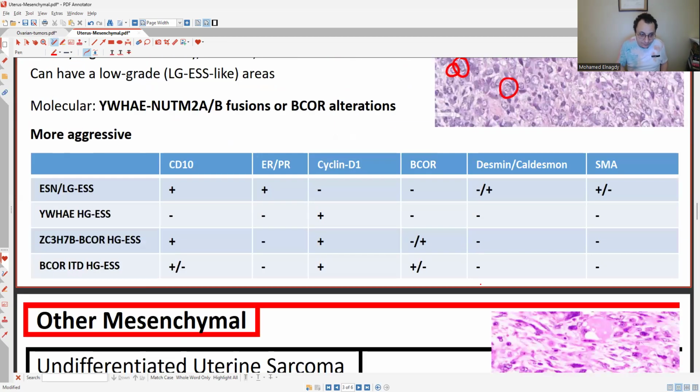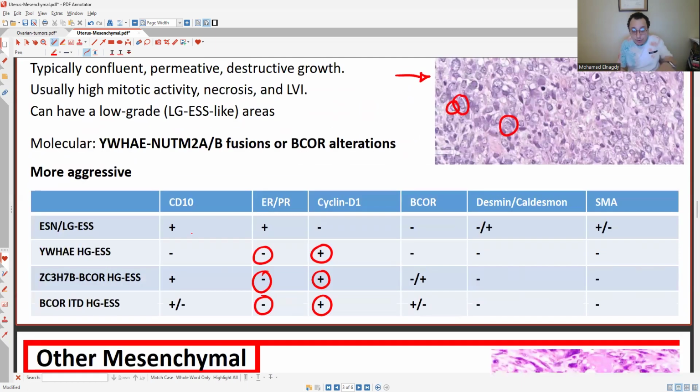See? Cyclin D1 positive, ERPR negative. CD10 is variable. However, it's usually negative in the most common one, which is showing this YWHAE-NUTM2 and BCOR alteration.